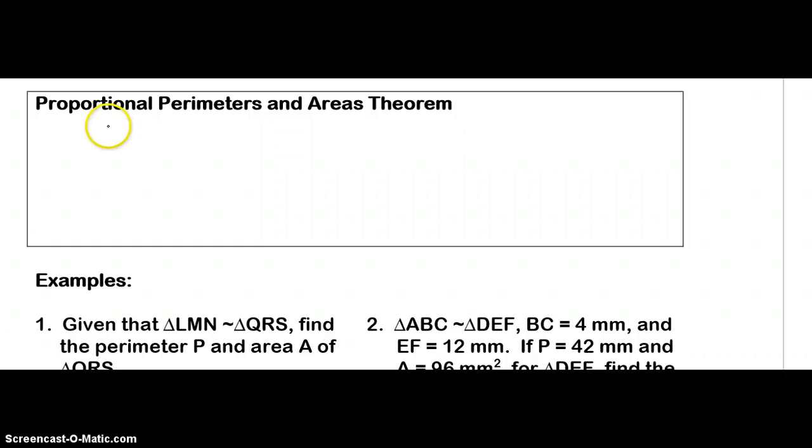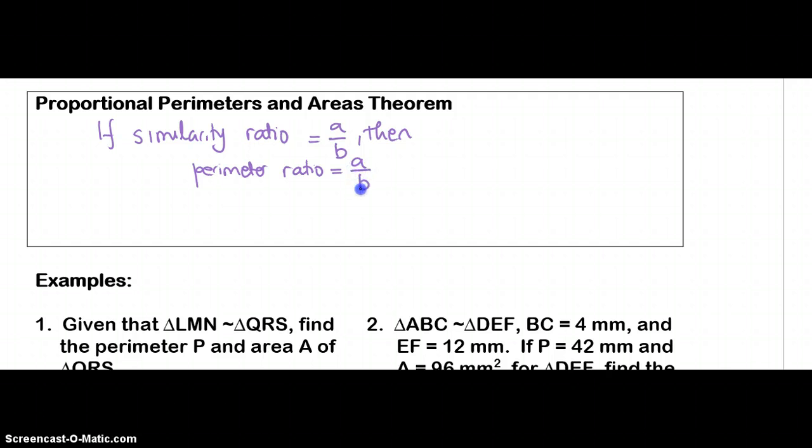So we're going to say, if similarity ratio equals A over B, then, and write these one below each other, perimeter ratio equals A over B, and then below that write area ratio equals A squared over B squared.